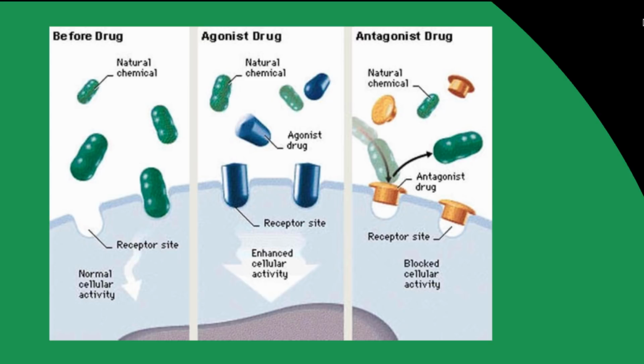The antagonist type drug is going to block the activity, so it's going to shut down the cell's response to this signaling molecule. So many drugs work here on these receptors as either agonists or antagonists.